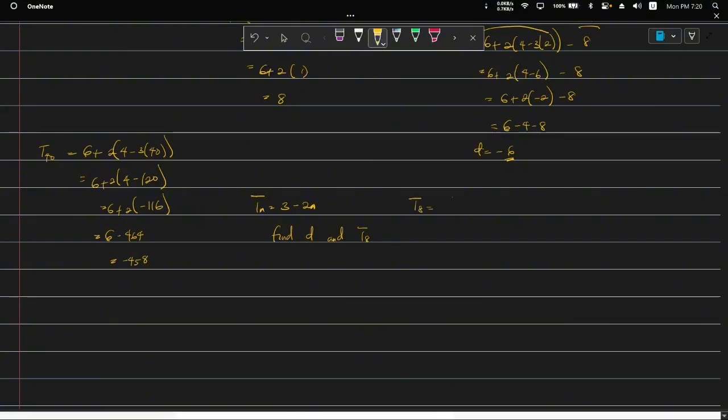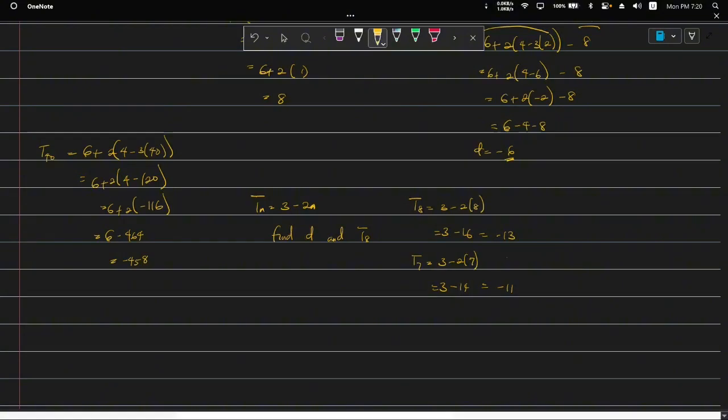Know that T8 is going to be equal to 3 minus 2 into bracket 8. I'm going to be having 3 minus 16, which is going to be equal to minus 13. And I can look for T7, which is going to be equal to 3 minus 2 into bracket 7, which is 3 minus 14, which is equal to minus 11.